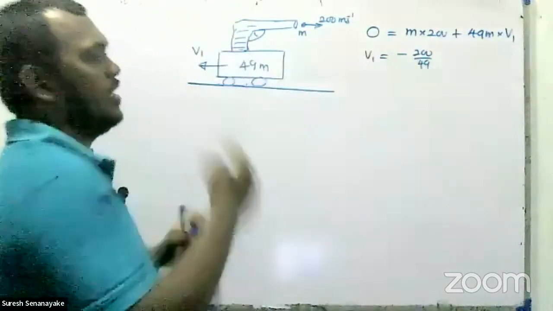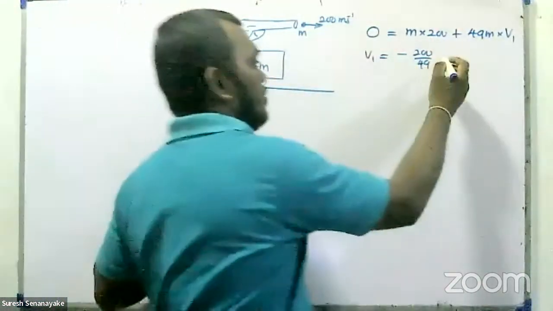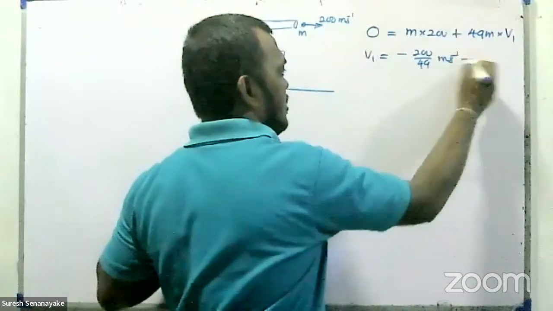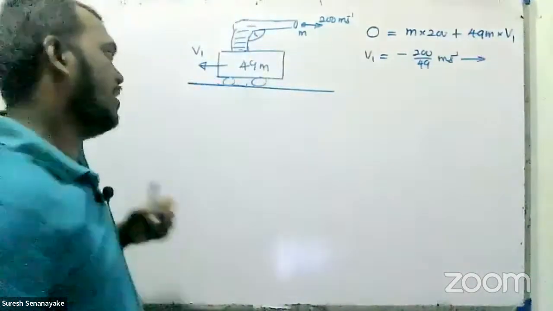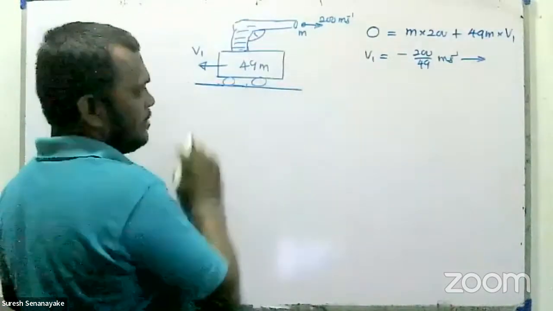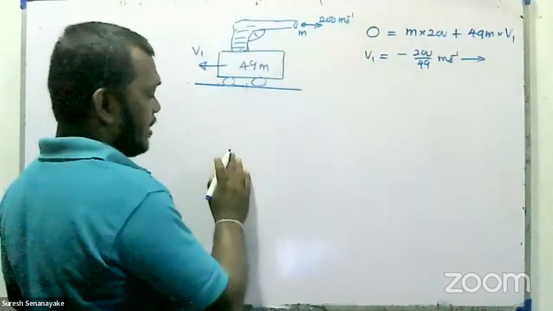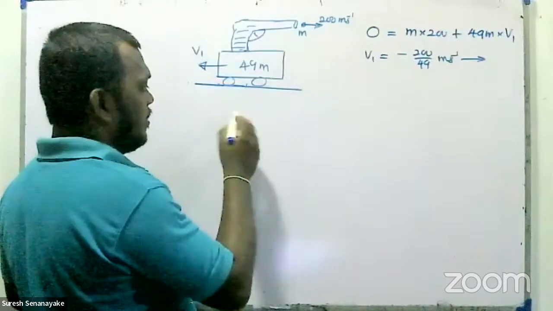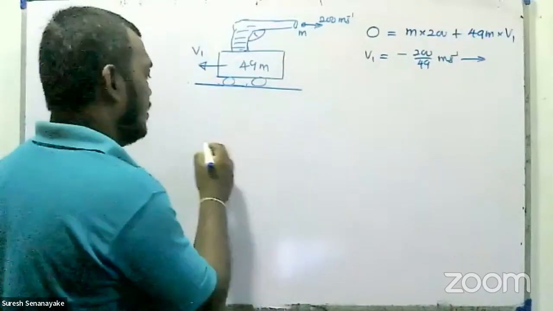Minus because it's the opposite direction, the recoiling speed of the gun. And then for the second bullet, what happens? Let's see.